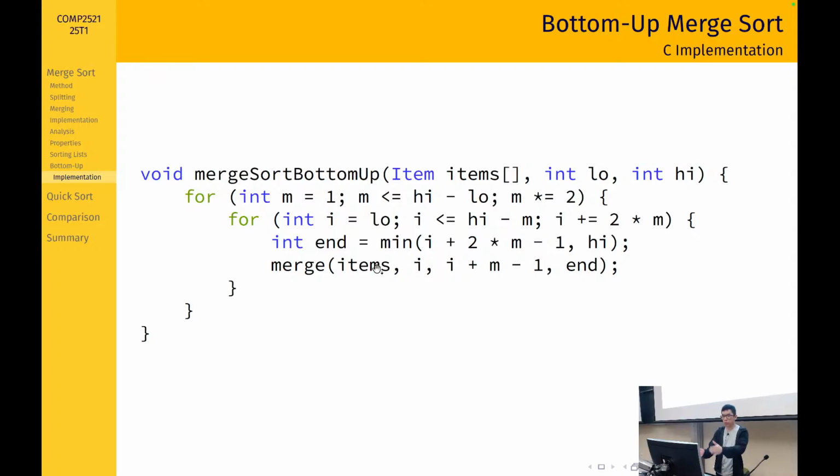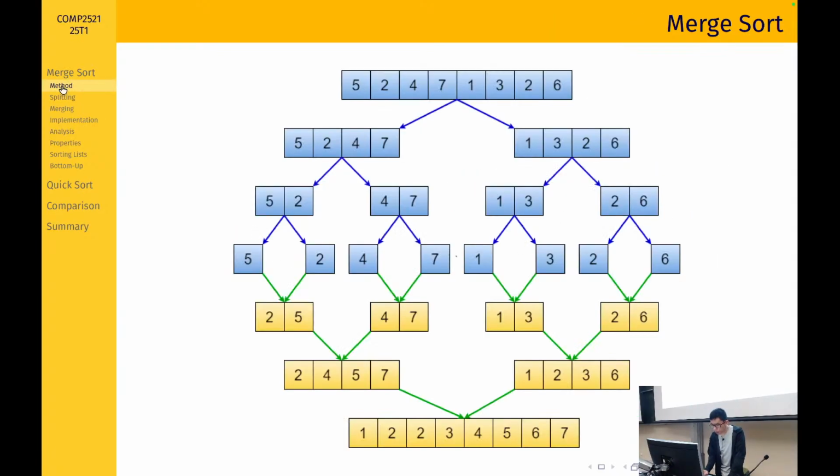Okay, so the reason why this is called bottom-up merge sort is that if you look at the diagram, with top-down merge sort, we're starting from the top of this tree. So we're starting by trying to merge sort the entire array, and that gets recursively broken down into smaller and smaller subarrays.